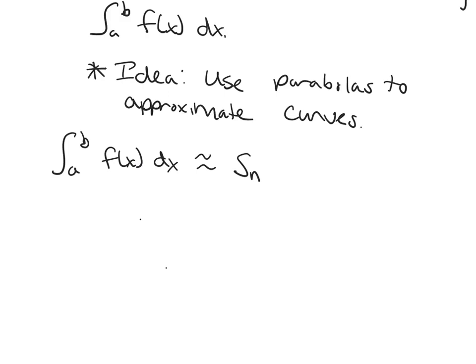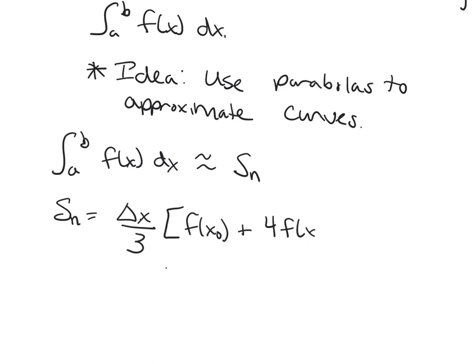What S sub n is, you take delta x and divide by 3. This formula looks kind of similar to the trapezoidal rule, but the coefficients are different. My coefficient of x naught, my beginning, is 1 still. And then after that, my coefficients are going to alternate between 4 and 2.